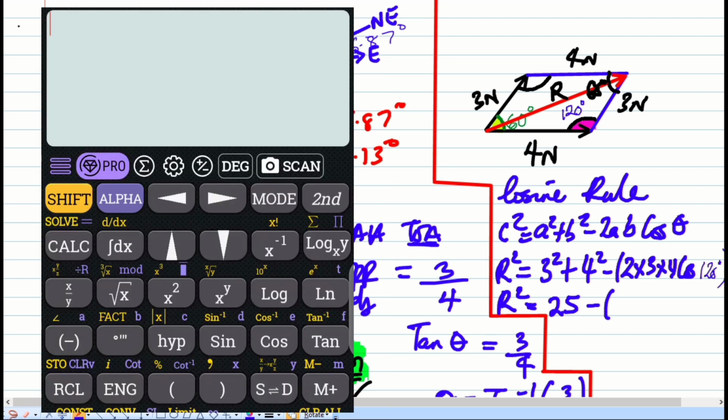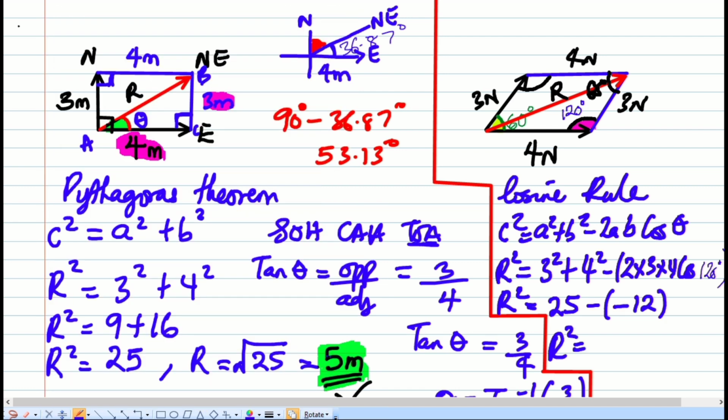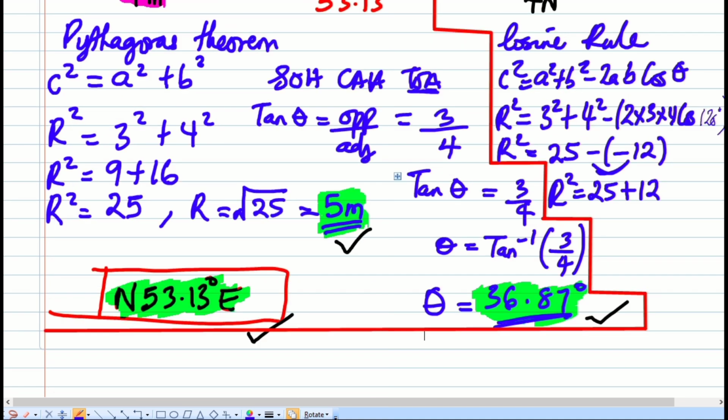So let's just do that quickly. 24 cos 120, we have minus 12 as our answer. So r squared is equal to, see that this minus times minus is going to give us plus. So we have 25 plus 12, right? R squared is equal to 25 plus 12 is 37. So our resultant will be the square root of 37.